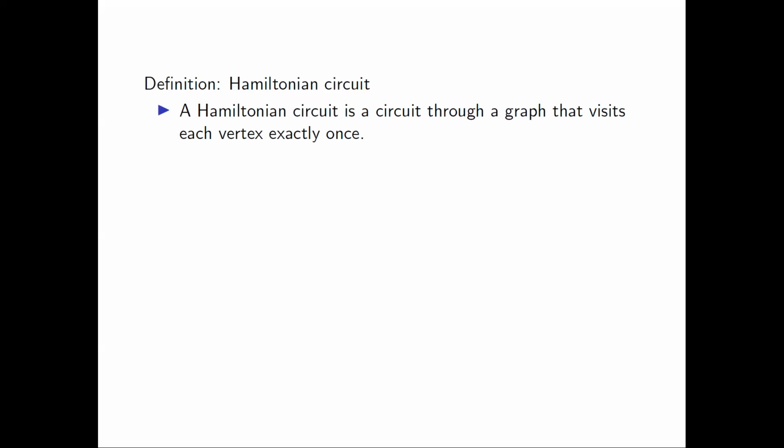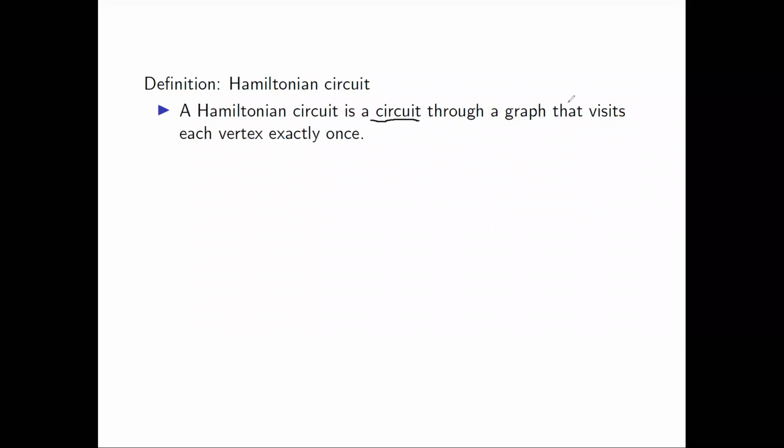And again, we have to start and end at the same vertex. When I say a circuit, I mean a closed walk, so it starts and ends at the same vertex. We can think of these Hamiltonian circuits like we thought of the Eulerian circuits, as sequences.